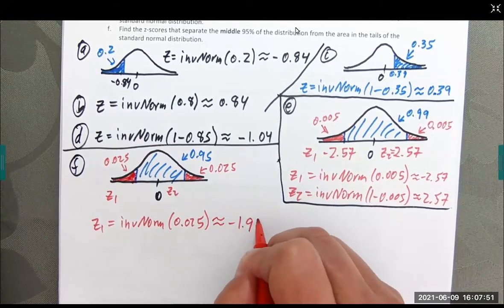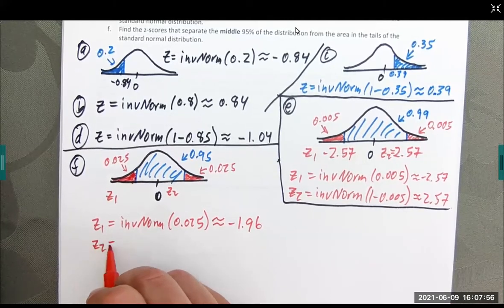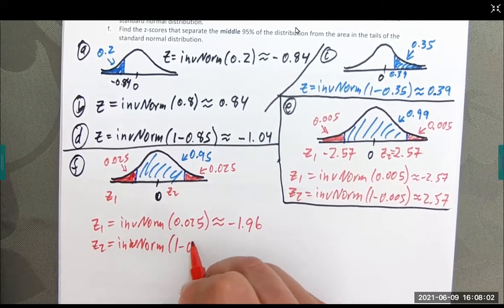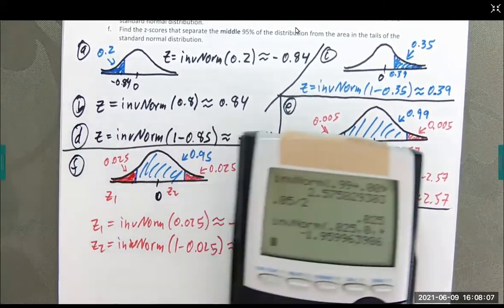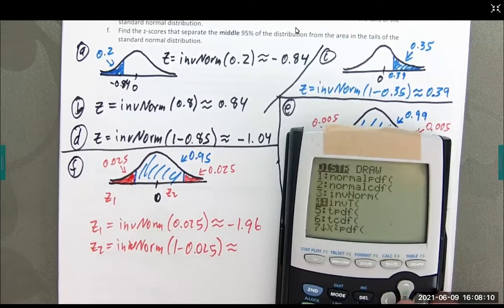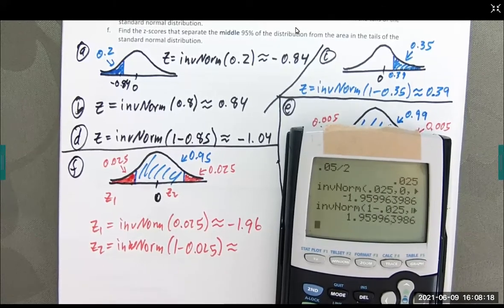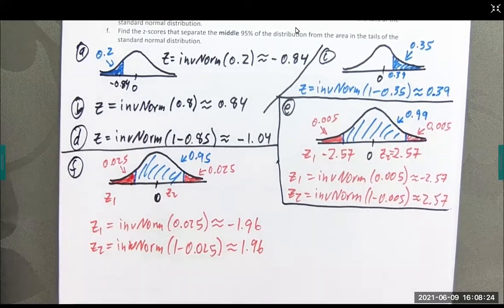Negative 1.96, and Z sub 2, inverse norm, 0.975. It's the positive version, 1.96. And again, that's almost -2 to 2. So again, that's where we get that empirical rule of 2 standard deviations away gives us about 95% of the middle.